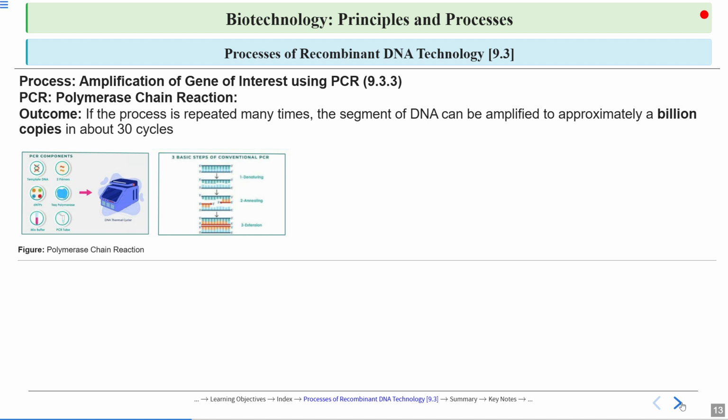This is the same diagram which you have seen in the last few slides, showing the PCR components: template DNA, 2 primers, dNTPs, Taq polymerase, mix buffer, PCR tube, and this is the PCR machine, where these are the 3 basic steps of conventional PCR, which include denaturation, annealing and extension.